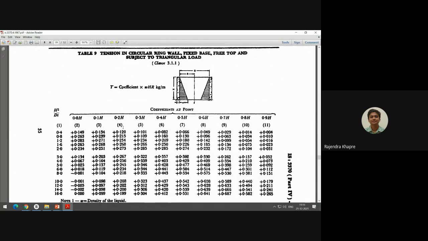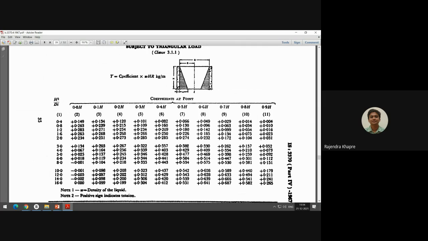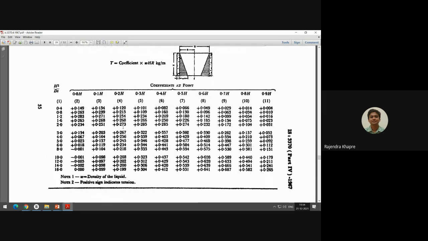Table number 9 shows the coefficients for tension in circular cylindrical wall with fixed base and free at top. This is what we have already referred. But if you see the values of h square by dt, the limit is 0.4 to 16.